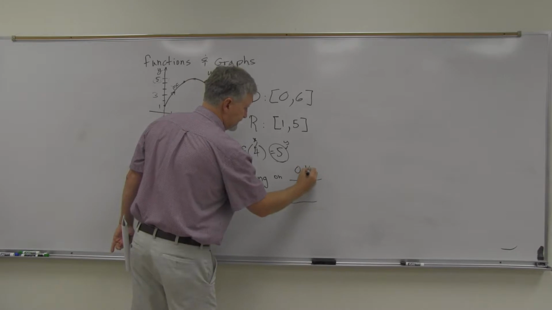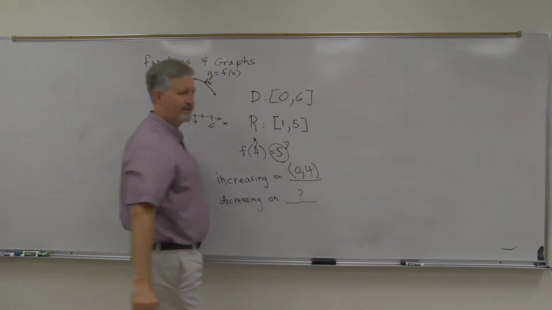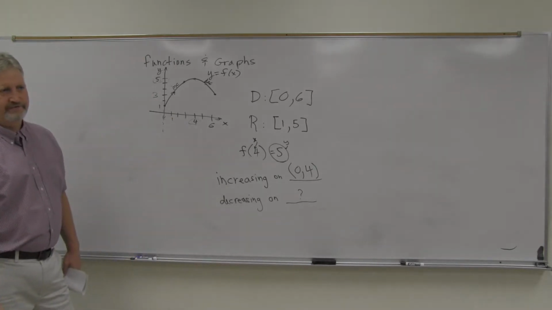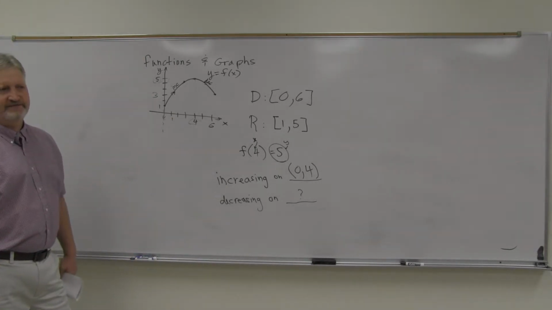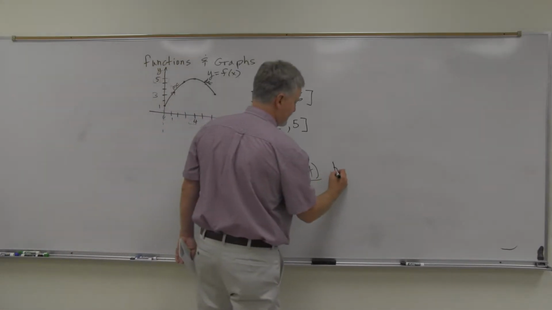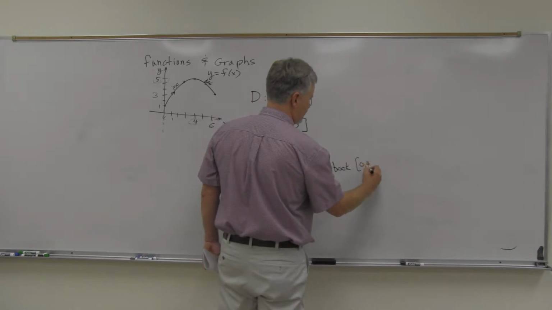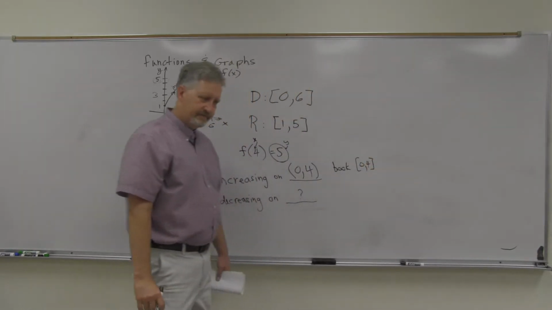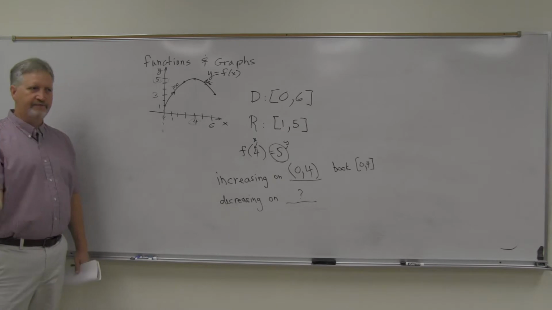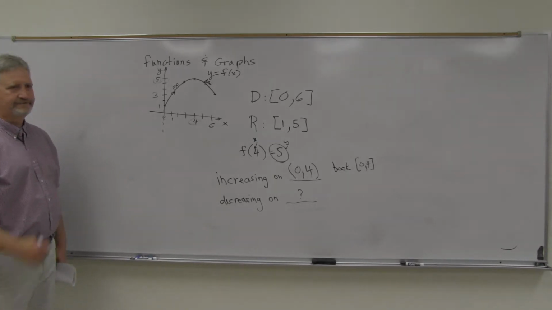Now, a little disclaimer here. Technically, we would call that 0 to 4 with parentheses, not including the endpoints. However, the book, in this particular section, I don't know why, they're going to probably put including the endpoints, but I'll explain later on why that's not quite accurate.